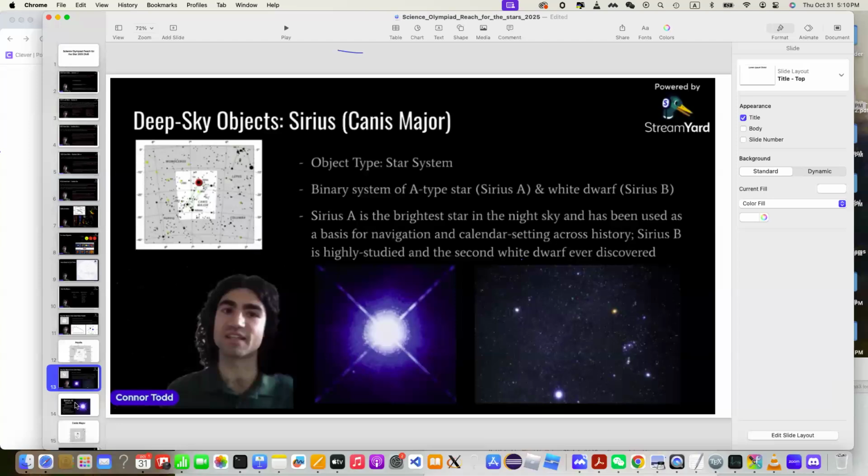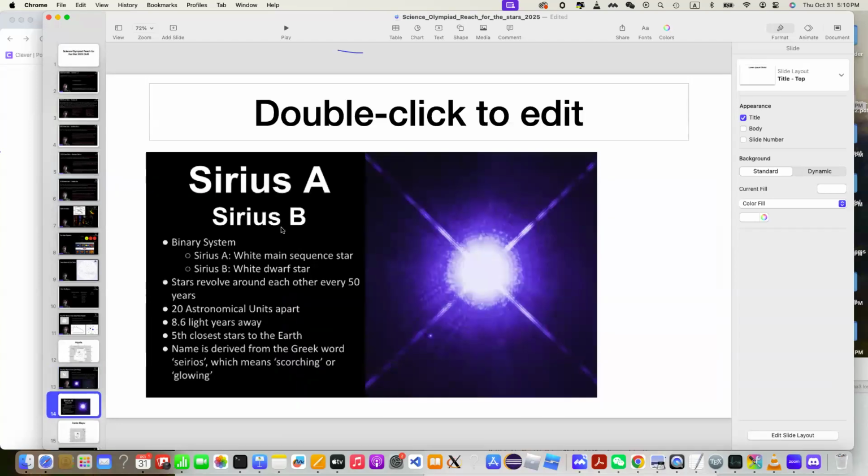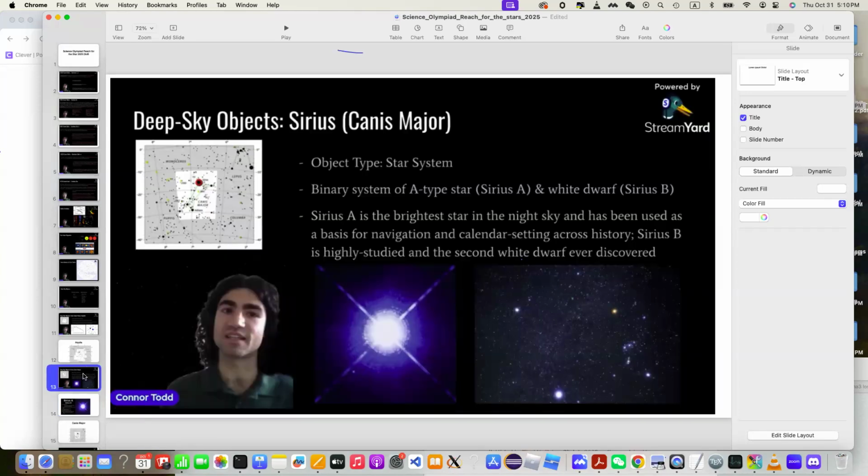Yeah. So I have found some more details about this object. It consists of Sirius A and Sirius B. Sirius A is a white main sequence star, an A-type star. It is white because it is very young.